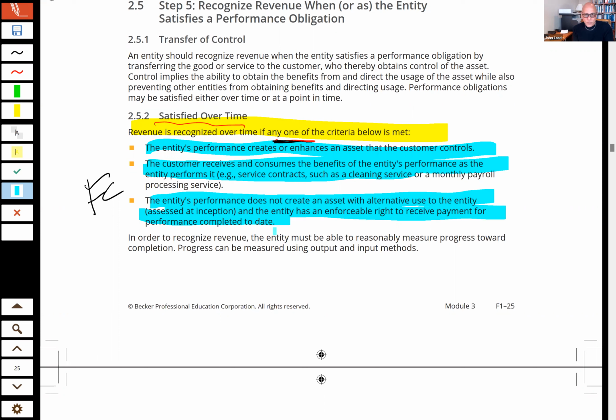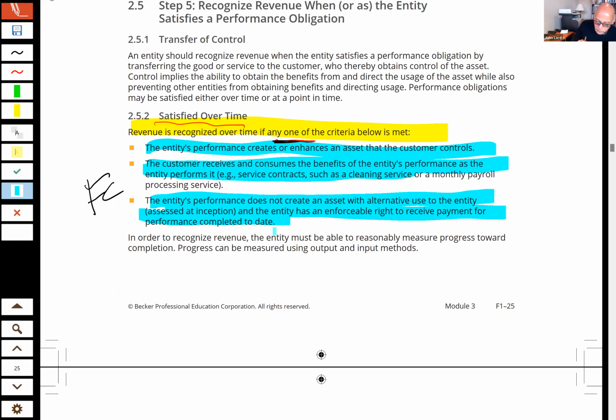People that afford yachts are very picky. They want it to be their way. Or if the contract specifically says they can't direct this to somebody else, then that's going to be considered something that they can recognize over time as they are performing on that.